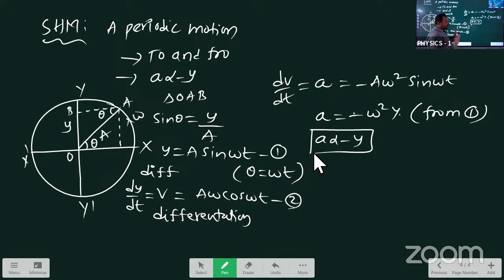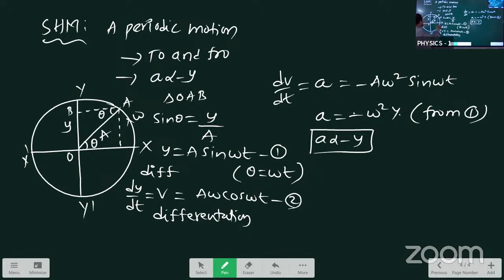All members listen carefully. The previous derivation and the present derivation are 100% the same. If you remember watching a few previous ones, that was somewhat big, now somewhat short, but both are the same. These are the mathematical derivation parts. For this, you write the matter in your own words. Here, the SHM definition.